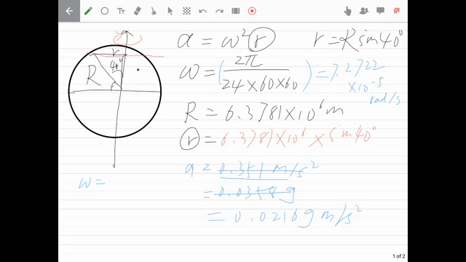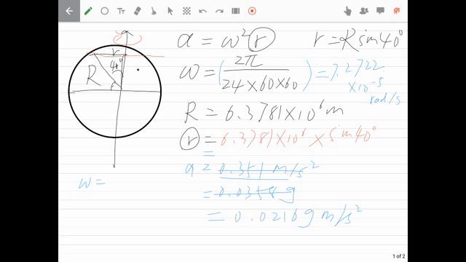So that's the omega, and we find the lowercase r. The lowercase r here equals 6.3781 times a million, which is 10 to the power 6, then times sine 40. Sorry, it's sine 40 first.